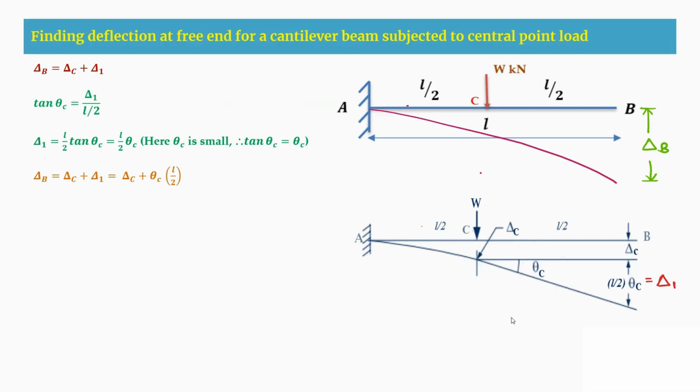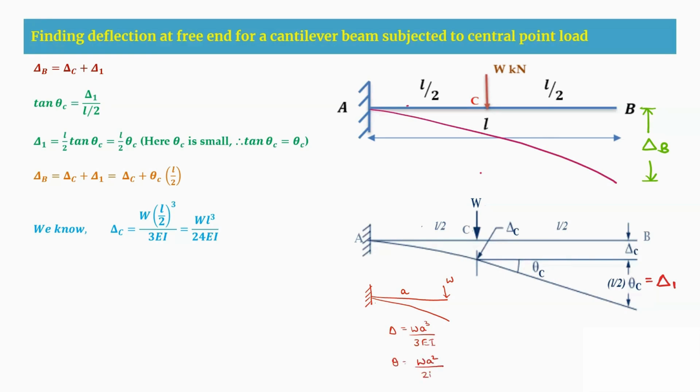As we already learned in the previous deflection of beams, for a cantilever beam having a load at the free end, when we take this distance as A, this is the deflection curve. For this, delta at this point will be equal to WA cube by 3EI, and theta, the slope, is WA square by 2EI.